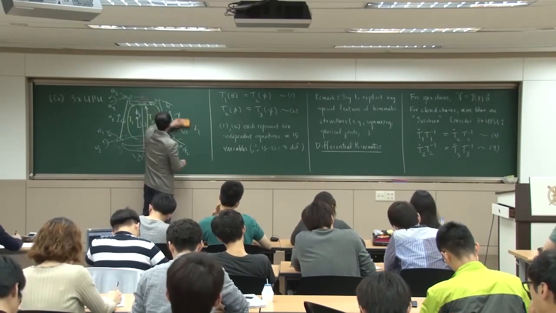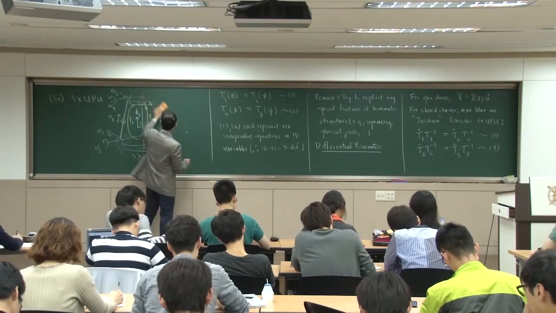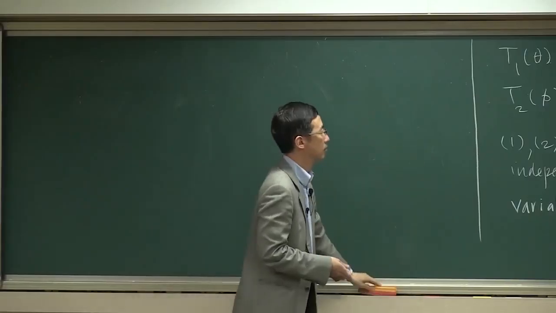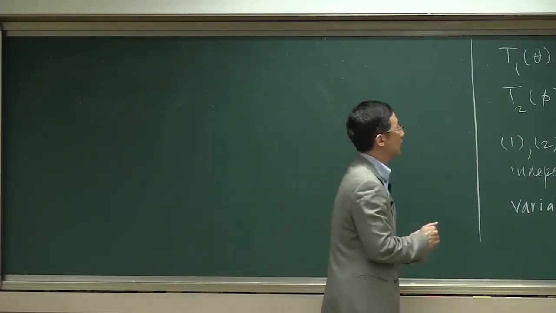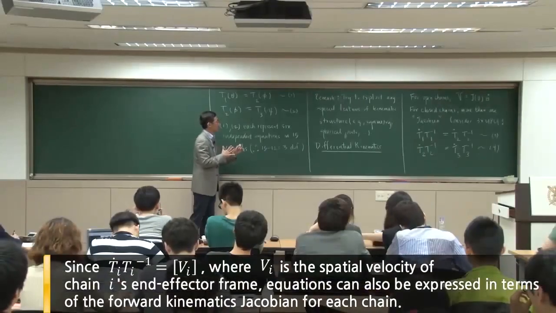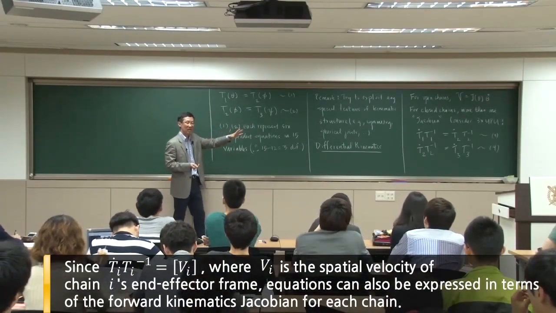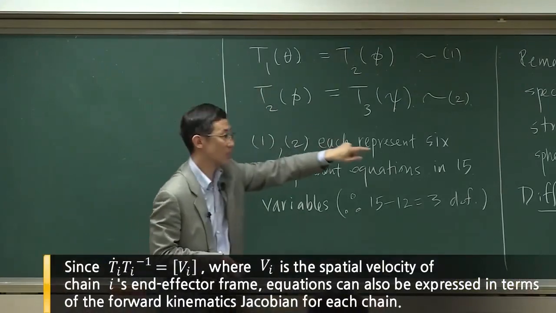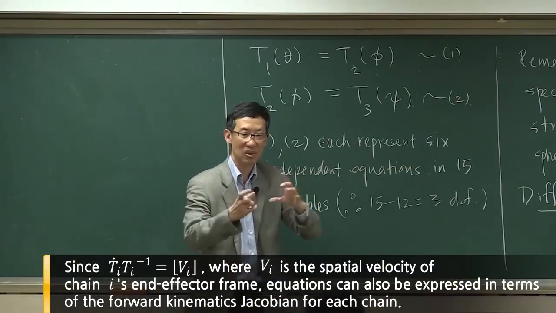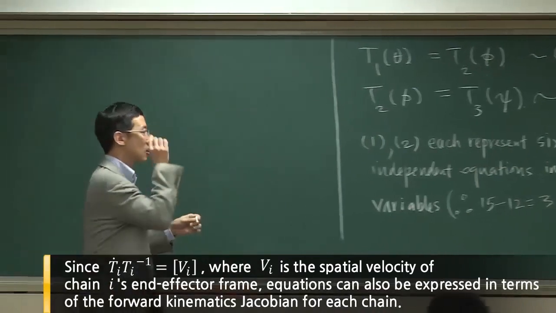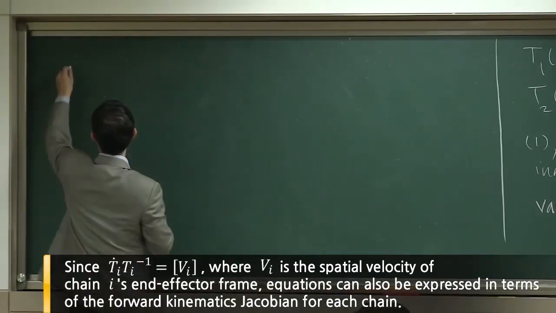All right, so let me erase this here. Whatever is in there is just the forward kinematics Jacobian for chain 1 and the forward kinematics Jacobian for chain 2, and set them equal to each other. So I could write it in this way.